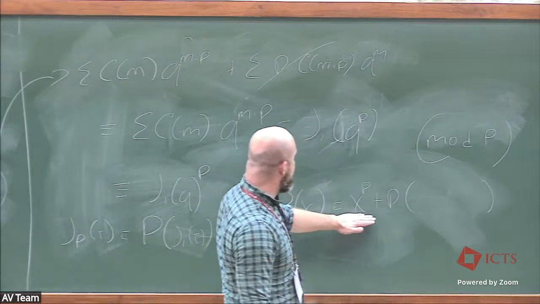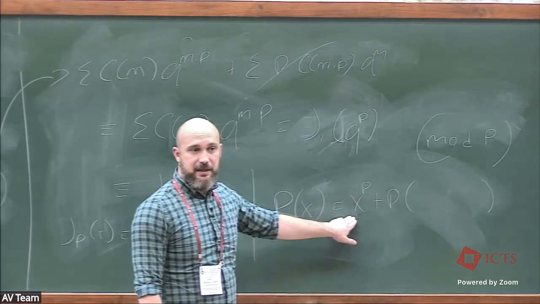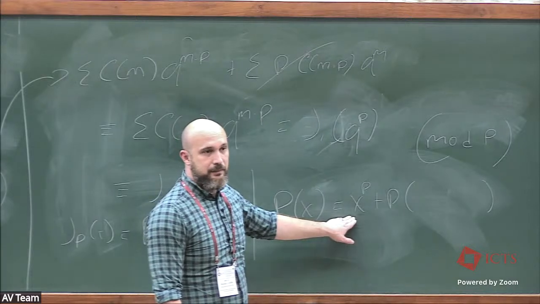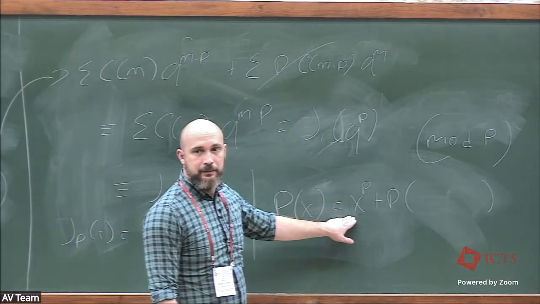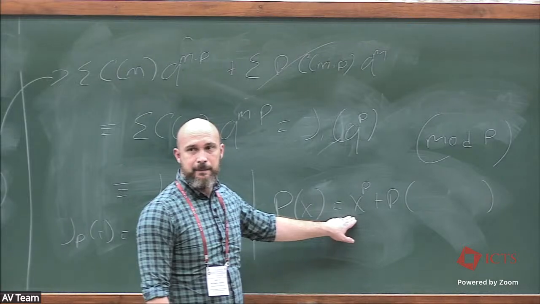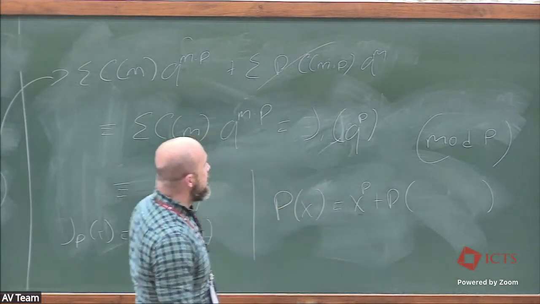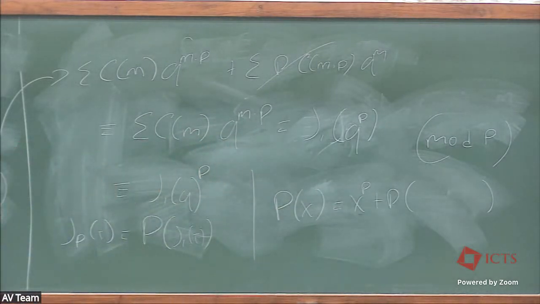So this polynomial is actually congruent to x to the p as well. Does that make sense? So these are some of the congruence properties that come from Hecke operators acting on our weakly holomorphic modular forms.